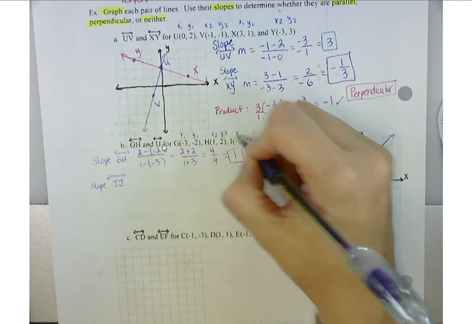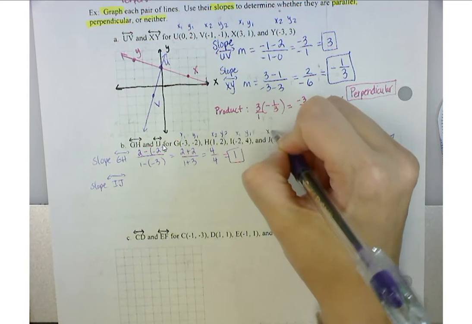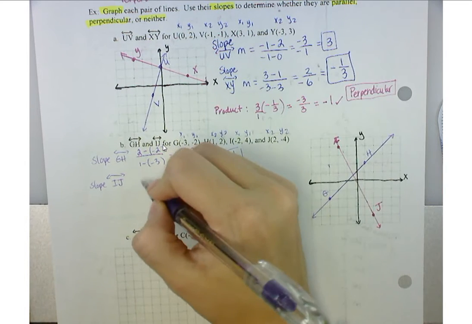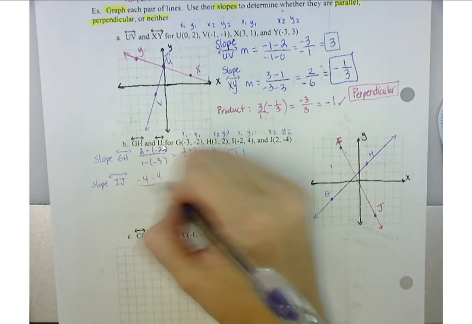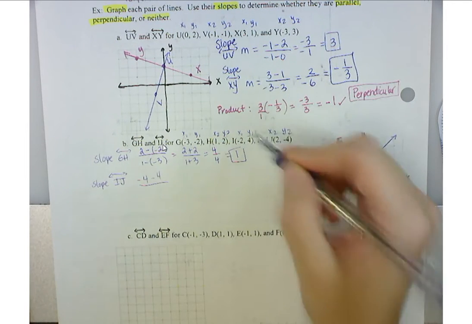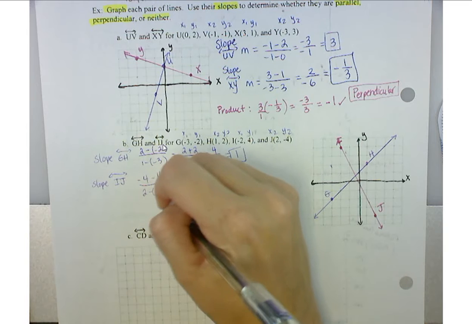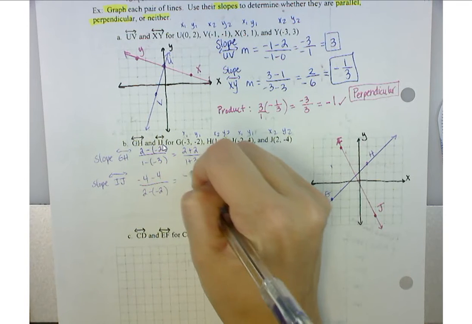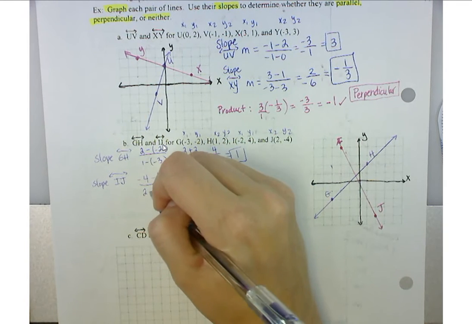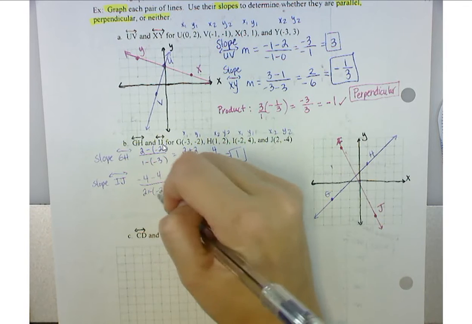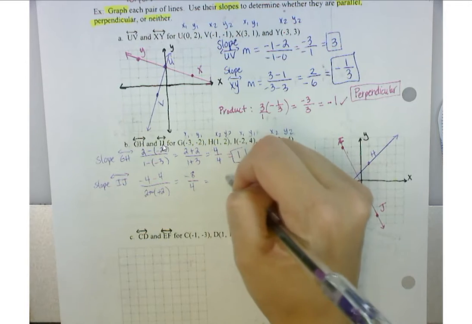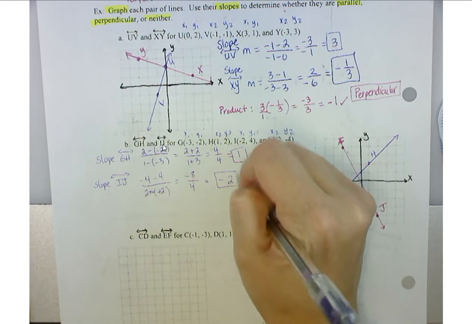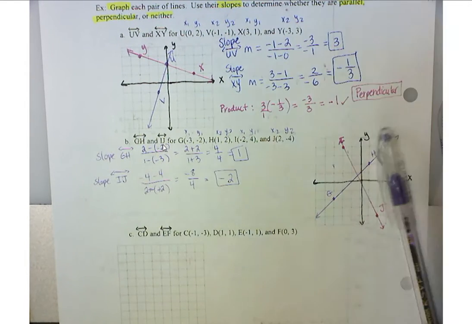Okay, and then this is your second set of points. So for this one, you'd have negative 4 minus 4 over 2 minus negative 2. So this would be negative 8 over, minus a negative would be plus a positive, so that would be 4, which would be negative 2. Okay, so are these the same?